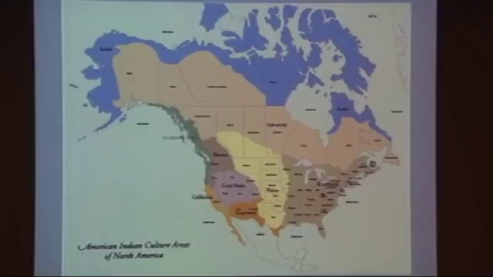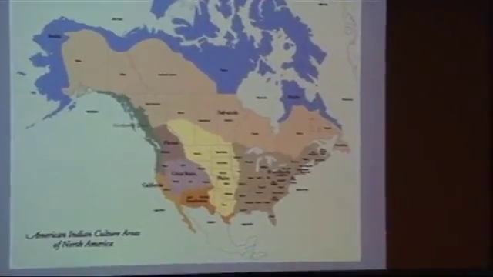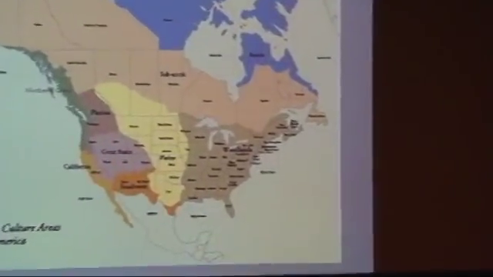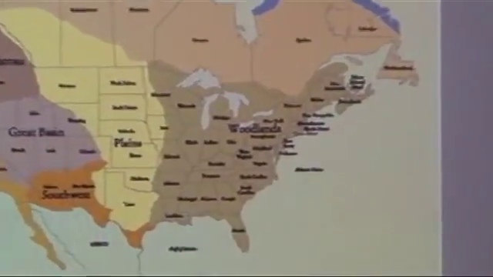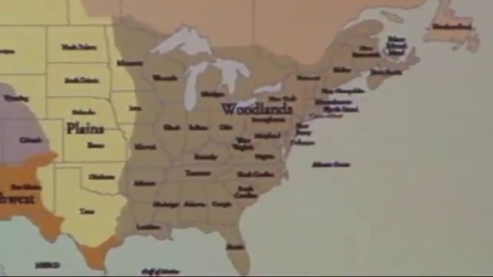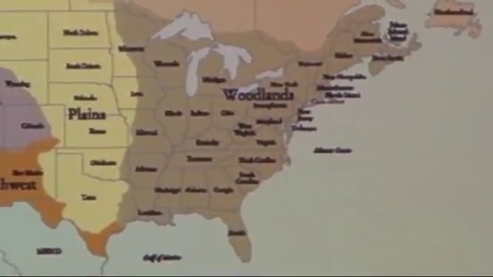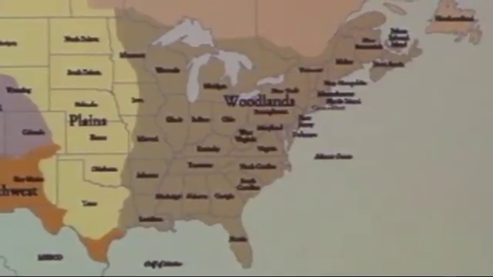The woodland area, as you can see, is quite large. It covers almost half of North America. It's large enough to be considered by many scholars in terms of 3 or 4 subdivisions, depending on who's doing the analysis.